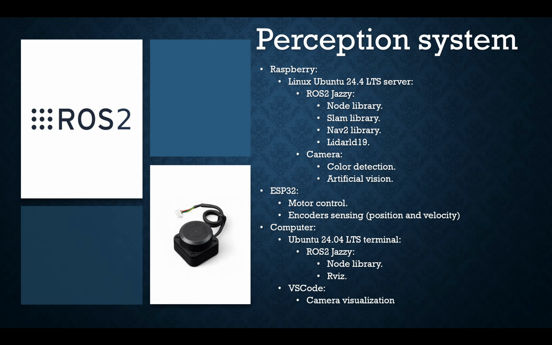As we can see on the right side of the page, we have the Raspberry, ESP32 and computer, as these are the three main components in which the perception system will function. The main purpose of the Raspberry is to be the processor of all of this, to have Linux Ubuntu 24.04 server, to have ROS 2 with several libraries that you can see there, and to have the camera connected with some code in the processor.